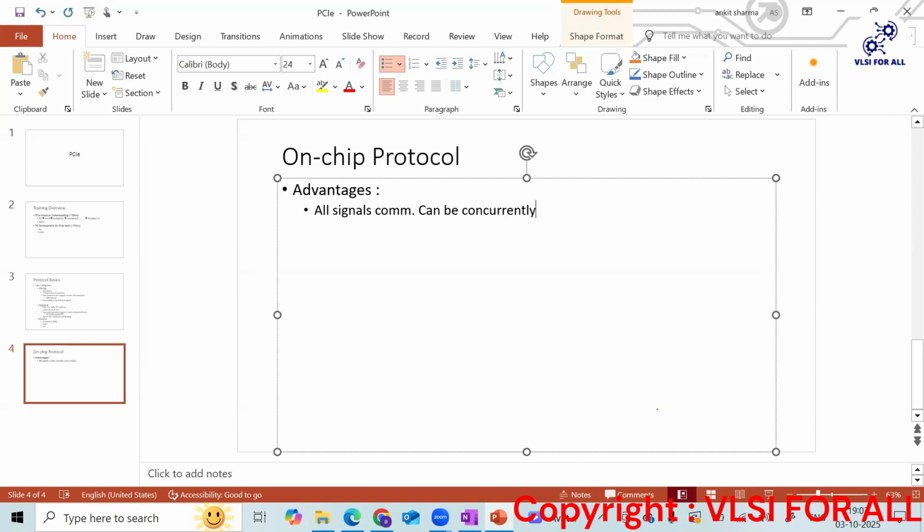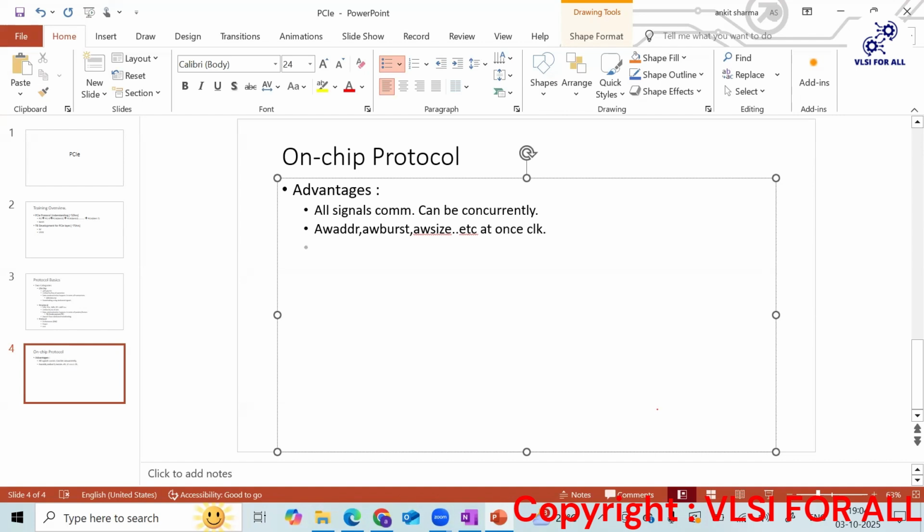Let's say we have the AW address, AW burst, and AW size. In the address phase we are sending these signals, and those signals can be driven at one clock itself.